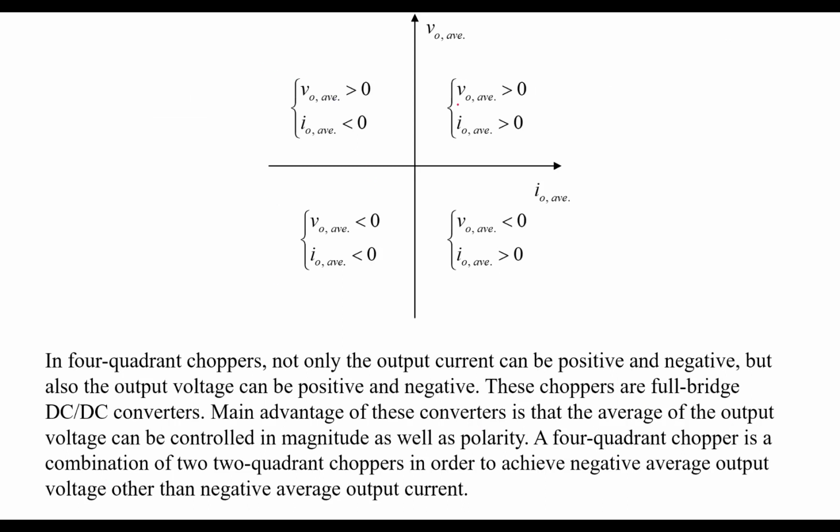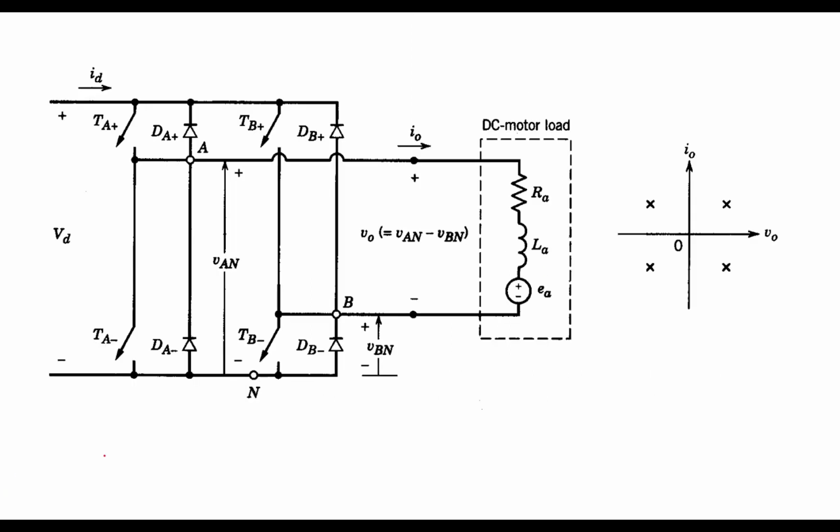Now, if you look at it from the power converter side, let's say my converter's producing an output voltage and an output current. I'm in quadrant 1, I'm in quadrant 3, but I also would want to be able to operate in quadrant 2 and 4. So it goes 1, 2, 3, 4. So the 4 quadrant chopper is really the power electronic converter that's going to enable us to do that.